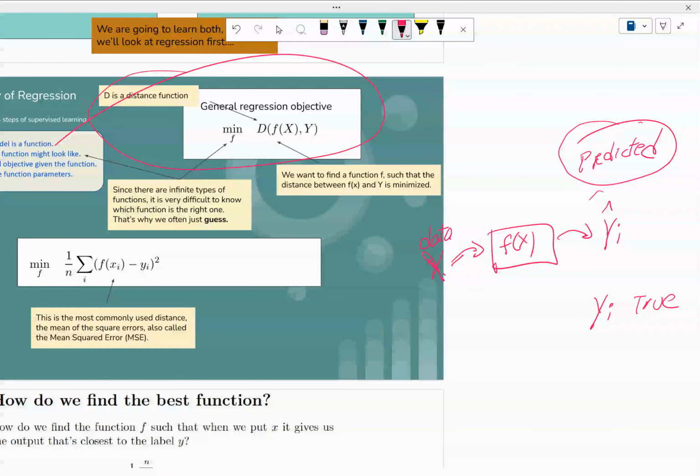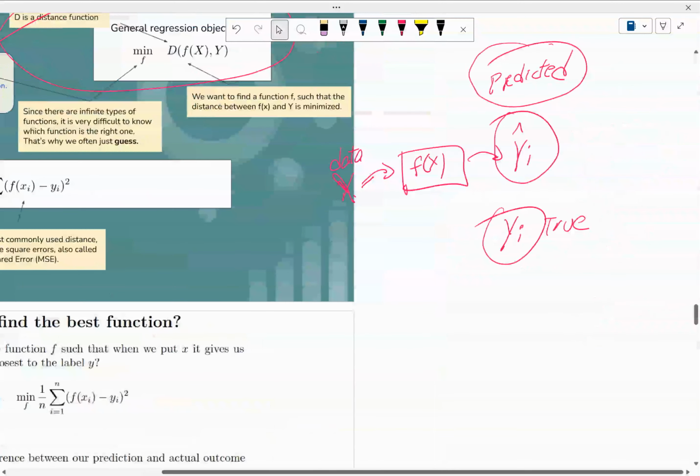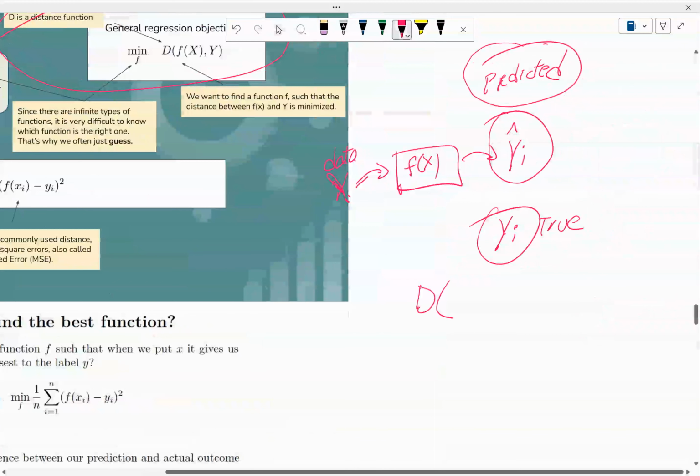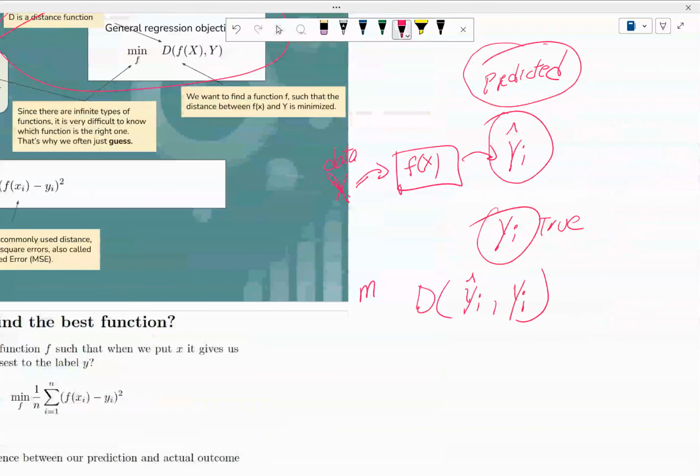We want whatever we predict and the true outcome to be exactly the same. So the idea of regression is that you want the distance, some kind of distance between your prediction and the truth, to be minimized. Okay, you want to find the function.